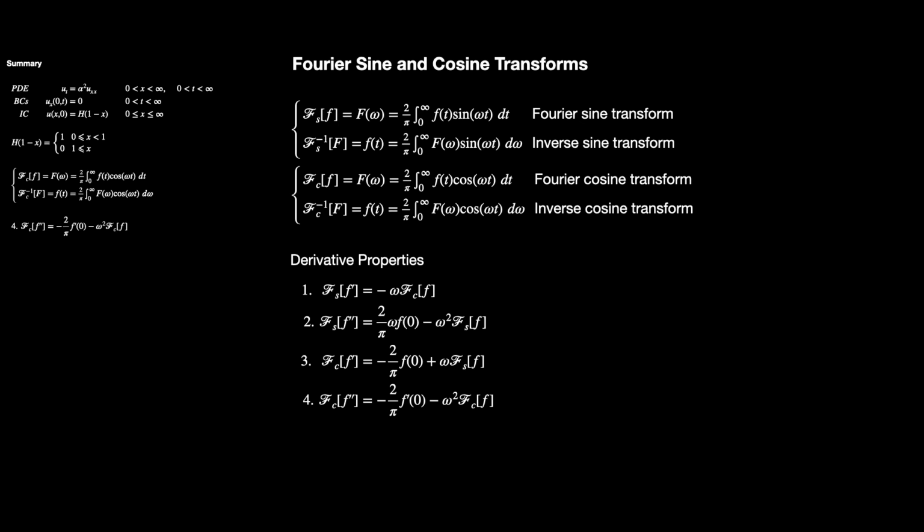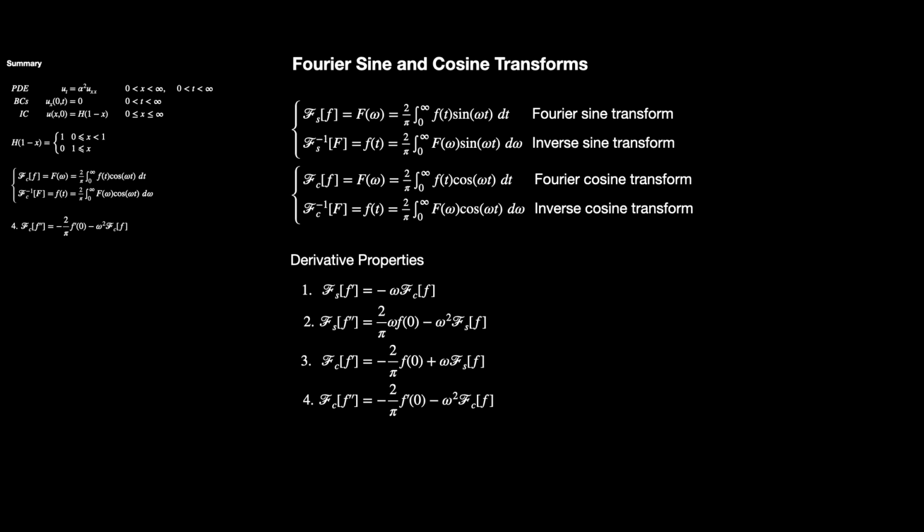This translates to f double prime being our u sub xx, and f prime being our u sub x. Since we know what u sub x at 0 is, this is the best candidate, because we don't have a way to use it anywhere else with any of the other properties.